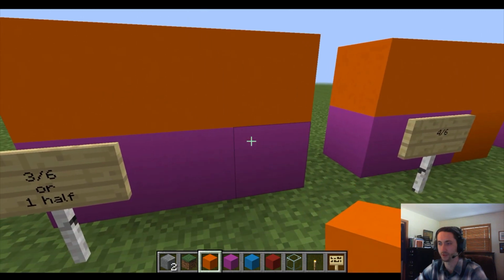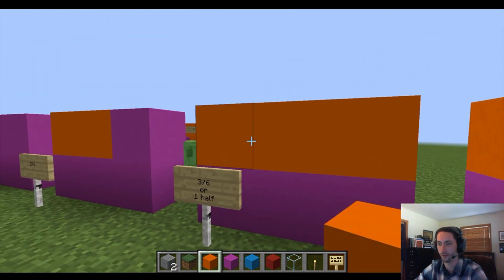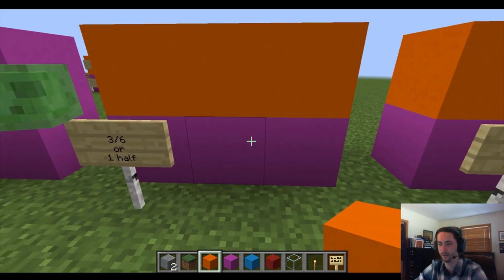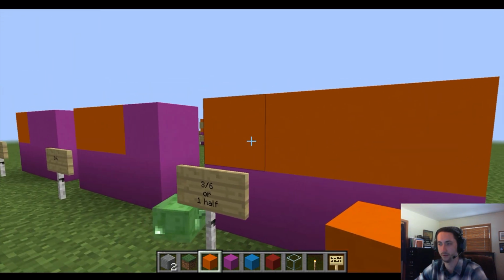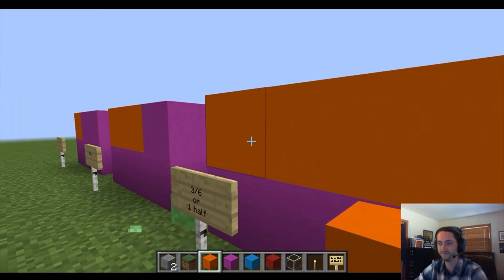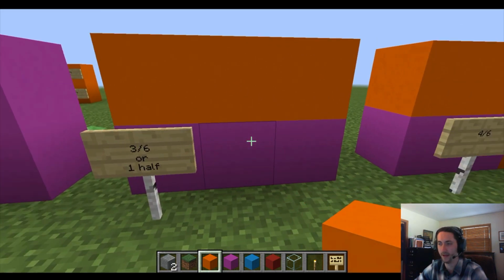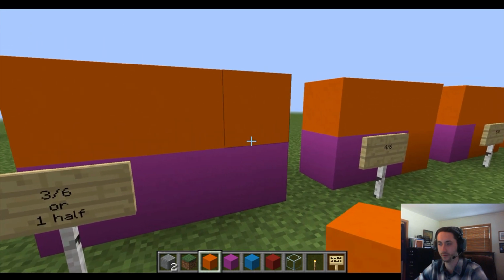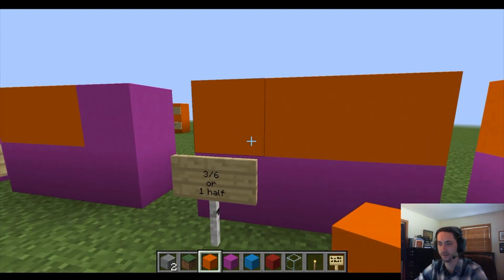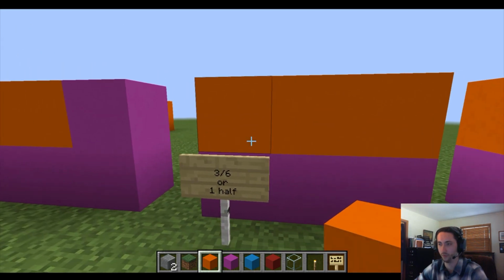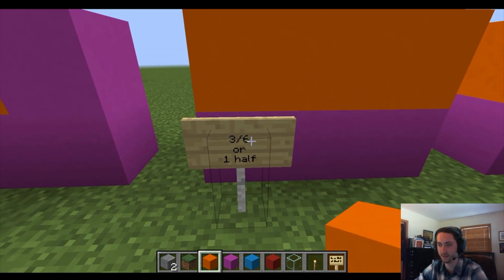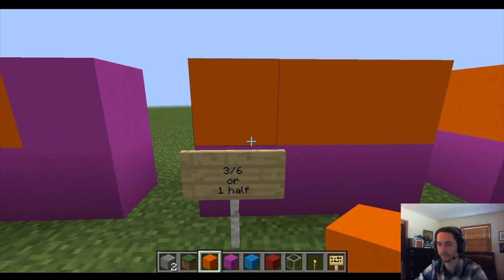This is where you'll notice a super cool pattern. 3 out of 6 of these blocks are orange. What you may also notice if you are observing very well, half of this rectangle is orange, wouldn't you say? Which means that 3/6 must equal 1/2.